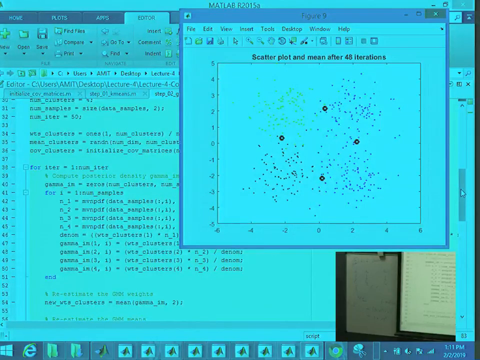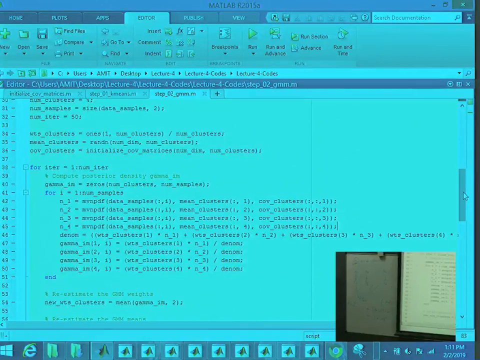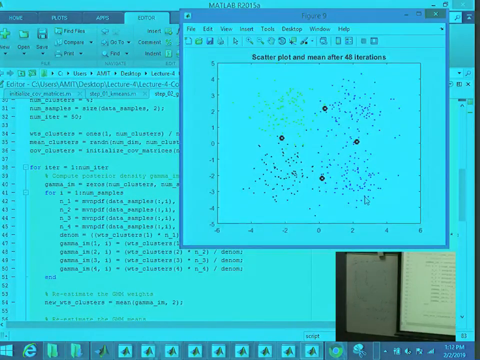For our eyes, these 4 look like clusters.